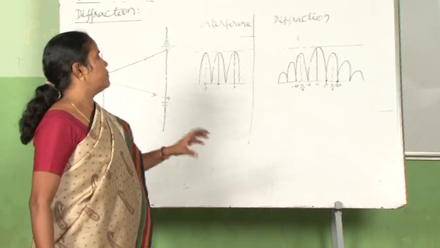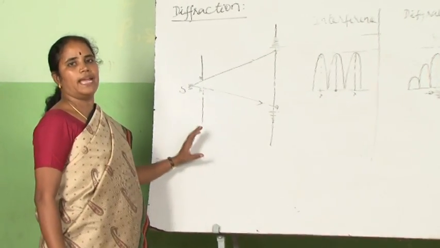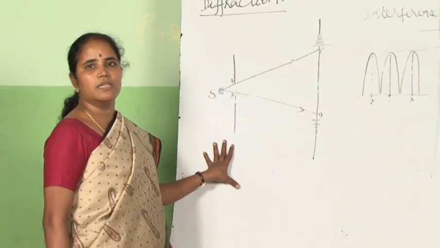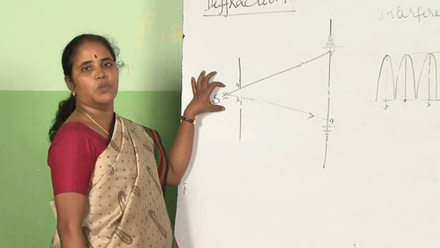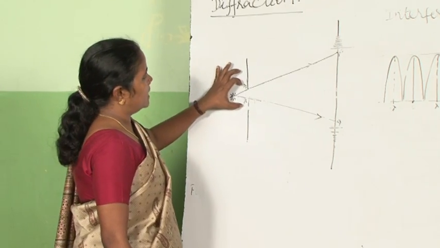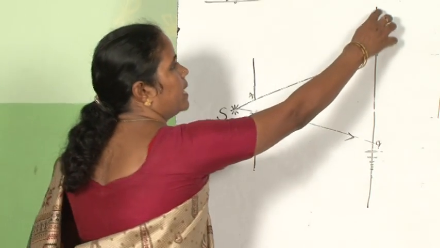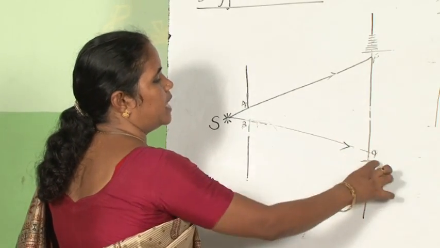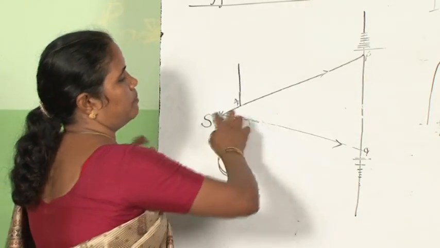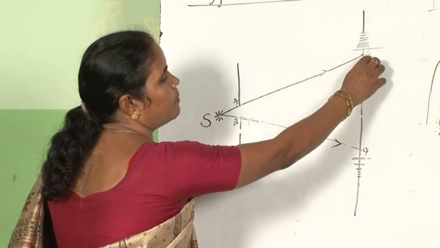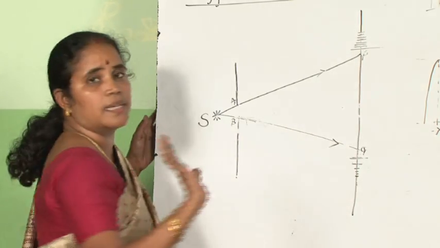So what is diffraction? Diffraction is nothing but the bending of light waves around the corners of an obstacle. This S is the monochromatic source. The light rays coming from this source, we expect, should illuminate the screen from the point P to Q. Thus it travels in a straight line, and up to P and Q only we expect intensity.